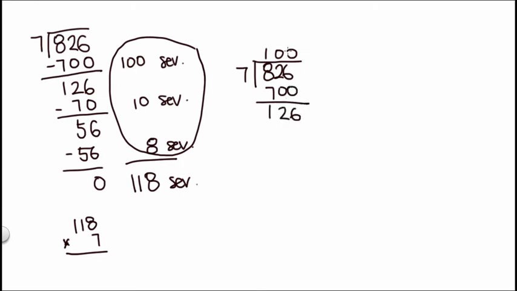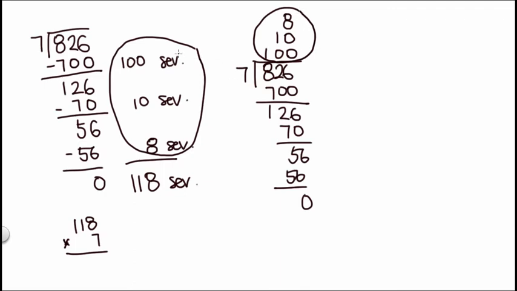And then I need 10 sevens to get 70, and then I have 56 left. And then finally 8 sevens to get 56, and then I have no more left to put into 7. And then after that, you can add these up. So the process is just saying whether you go from up to down or down to up and whatnot.